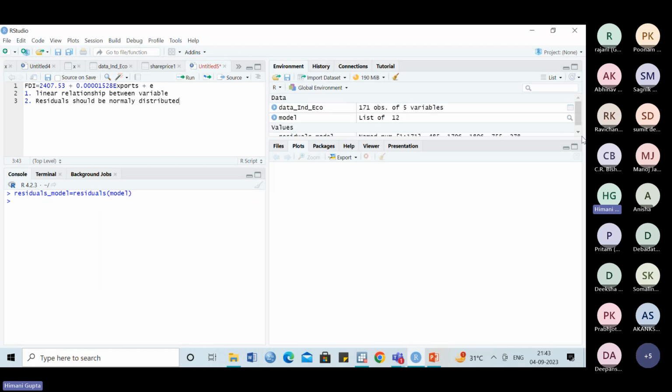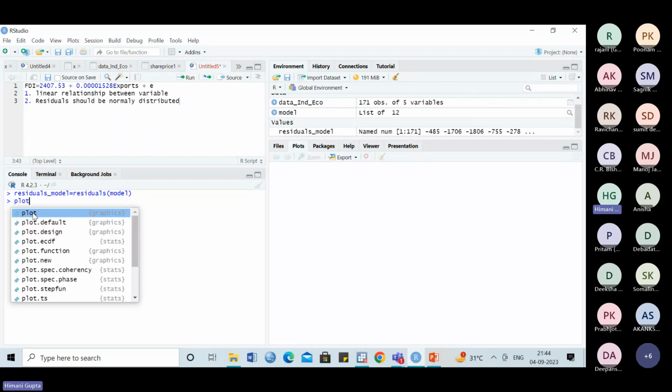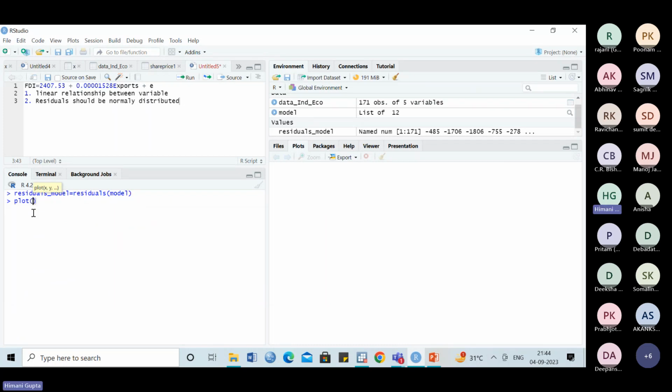Now you will see the vector residuals_model created over here. So these are your residuals. Now let us check the first thing, that is your plot. I'm going to make a plot of residuals_model.